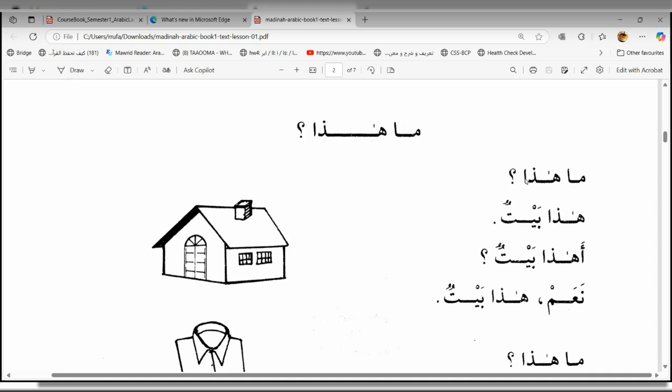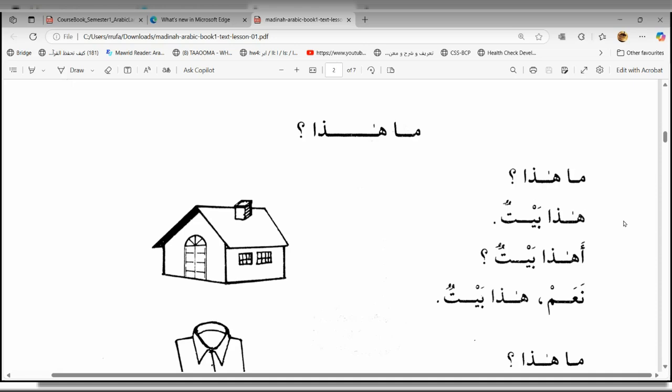We have the same thing in English. You say, is this a house? Yes, it is a house. When you ask the question, the voice goes up, and when you answer it, it goes down. When I say up and down, I'm talking about the end of the sentence.